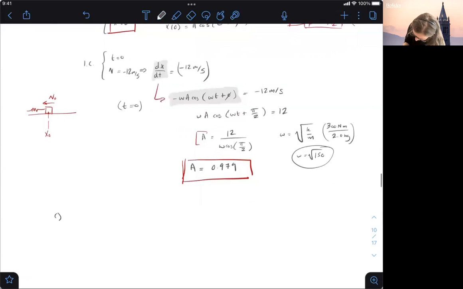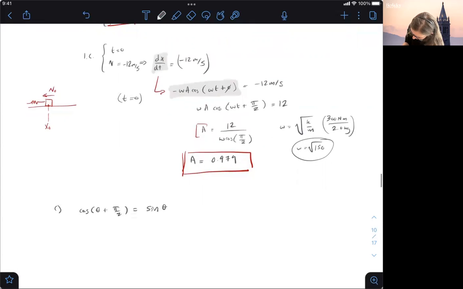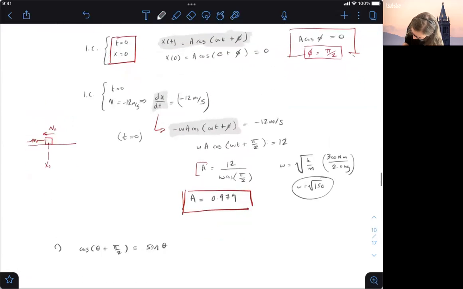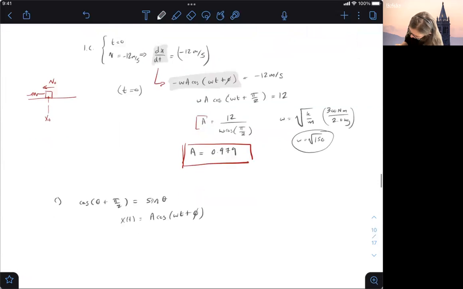Because I'm writing this again, cosine of theta plus pi over 2 is equal to sine of theta. So we have our expression for the first part. We have x of t is equal to A cosine of wt plus phi. And then we know that our phi is equal to pi over 2.